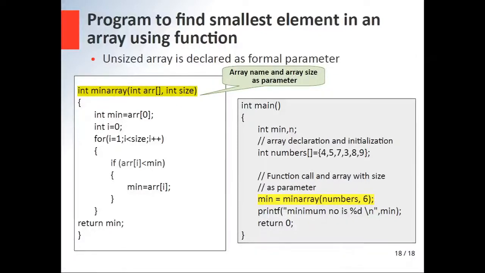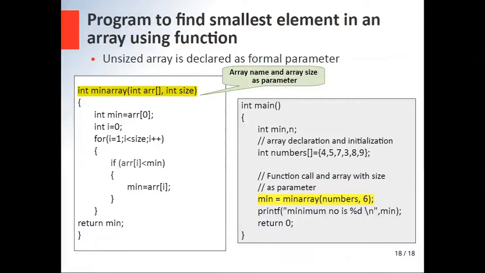So the logic is we assume the first element in the array has the minimum value, and then we go through the array to see if there is another minimum value. Okay, if we are finding a new smaller value than the minimum value, then we are assigning that value to the min variable.